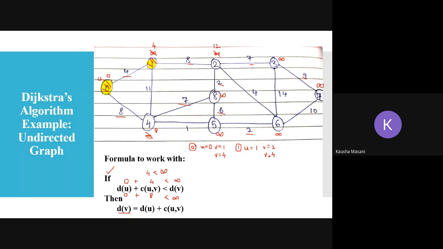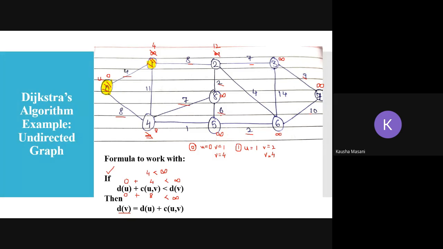Have a look again. Observe. Online students, which one will be your next source vertex after 1? 8 is infinity. Don't give me the distance value. I'm asking about the source vertex.